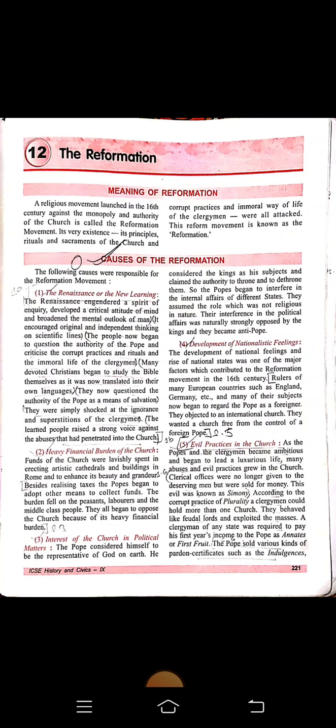First, what are the causes of the Reformation? The Renaissance, or the new learning. The Renaissance gave the spirit of inquiry, development, critical attitude of mind, and broadened the mental outlook of people. While it encouraged original and independent thinking on scientific lines, the people now began to question the authority of the Pope, and criticize the corrupt practices and rituals and the immoral life of the clergymen.